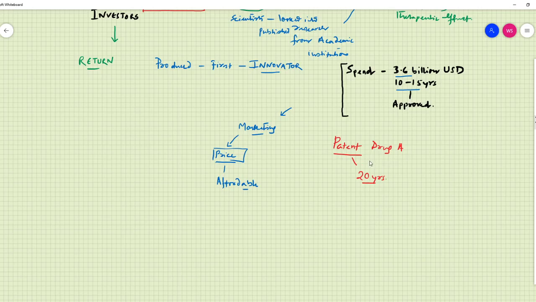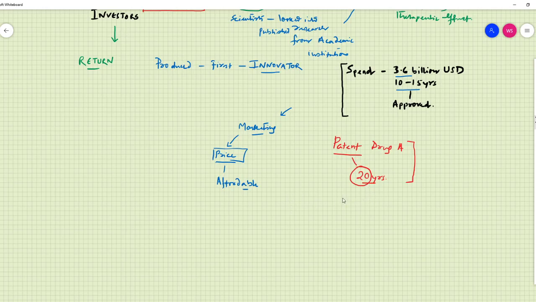So they hold the right to exclusively produce this drug and sell for 20 years. So the assumption is, in this 20 years, they have generated enough return of investment to let go of the patent.